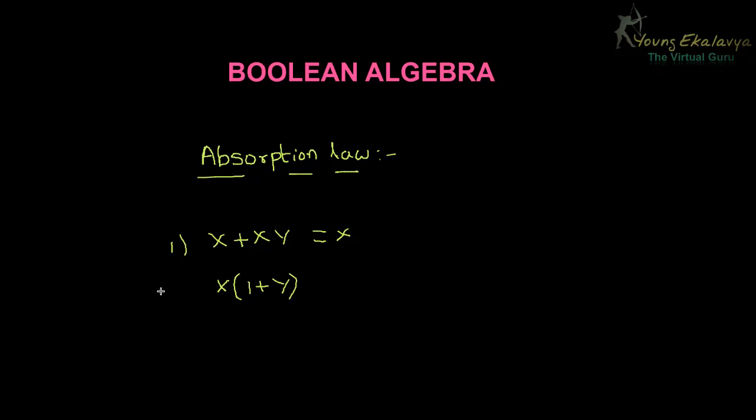This 1 plus y, as I have said earlier, whenever we are adding something to a variable, it always results in, say it loud please, yes, it always results in 1. So now this gives rise to x and 1, that is x, that is equal to RHS. So hence proved.